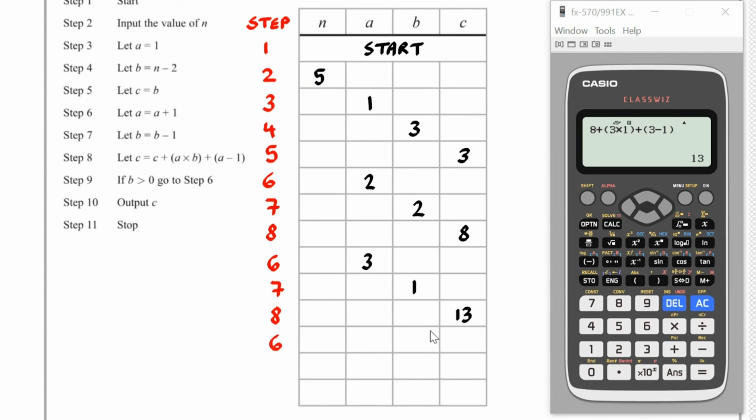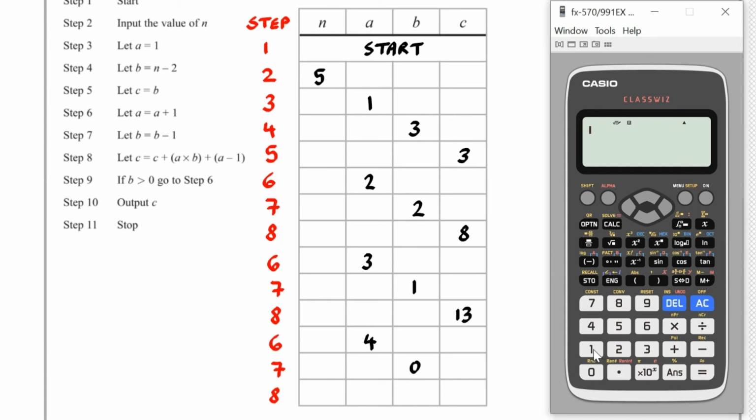And at step 6, we let a equal a plus 1. So 3 plus 1 is 4. Step 7, we let b equal b minus 1. 1 minus 1 is 0. And then step 8, we let c equal c plus a times by b plus a minus 1.